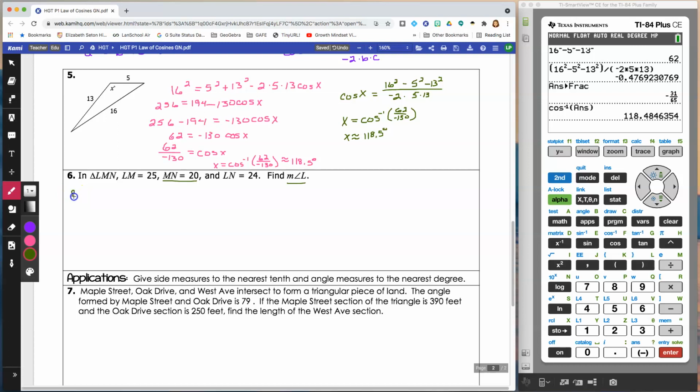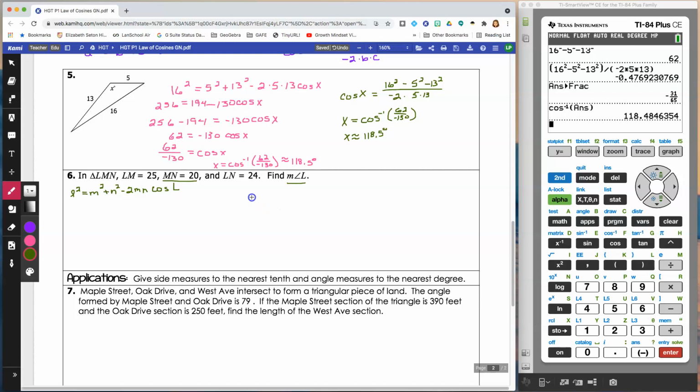Well, it means that the side opposite angle L squared is equal to the side opposite angle M squared plus the side opposite angle N squared minus 2 times M times N. Oops, one should be an M and one should be an N, times the cosine of angle L. So sometimes it helps to rewrite the formula in terms of the letters that you were given for the triangle.